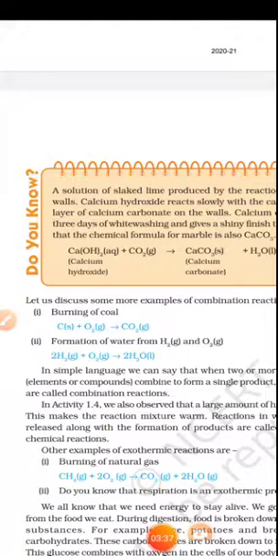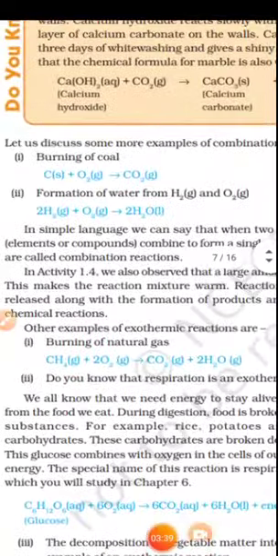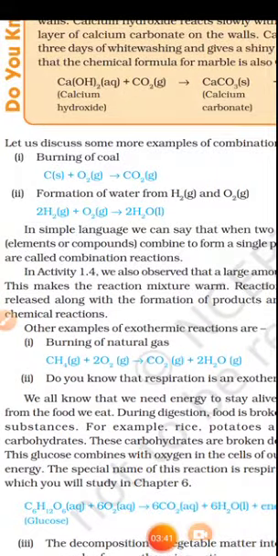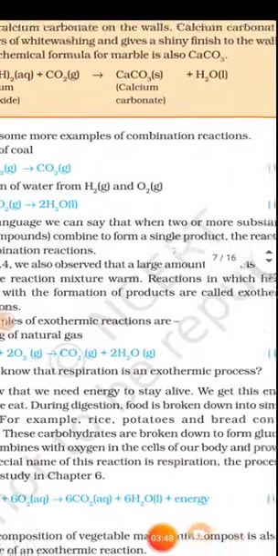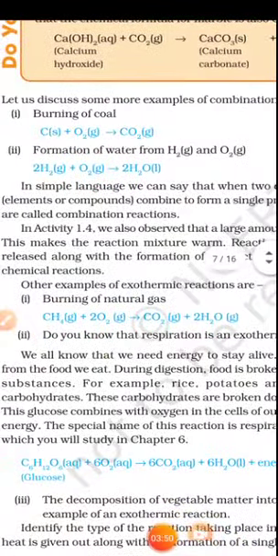Other example of exothermic reaction. Now this reaction may be exothermic. Okay, a combination reaction, along with formation of product, also releases heat in the medium. That's why it is also called an exothermic reaction.